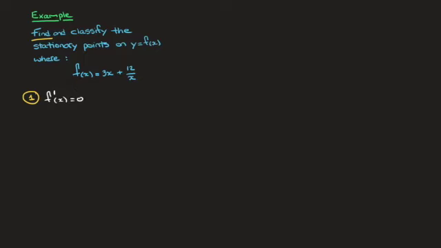So let's go ahead. f dash of x is equal to the derivative of 3x, so that's 3, plus the derivative of 12 over x. And the derivative of 12 over x is -12 over x squared. So the derivative turns into 3 minus 12 over x squared.